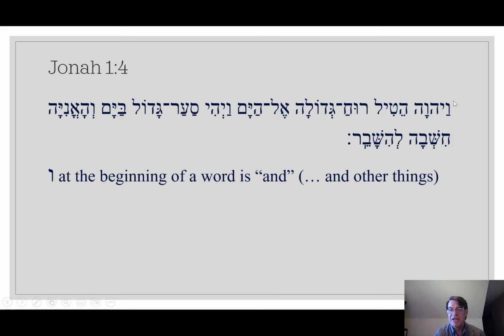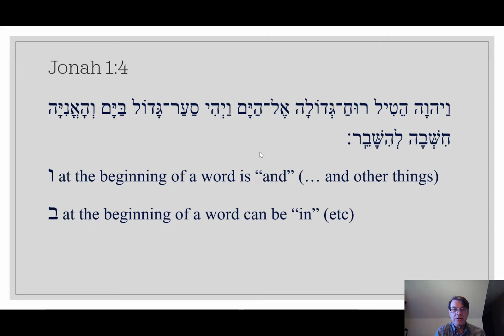So vav is what's called a separable prefix. Not that it can stand on its own, but it's a separate meaning bit. It's a morpheme, if you would. Not morphine, that'll kill you. Anyway, so vav at the beginning of a word is and. First thing to learn in this video, and.